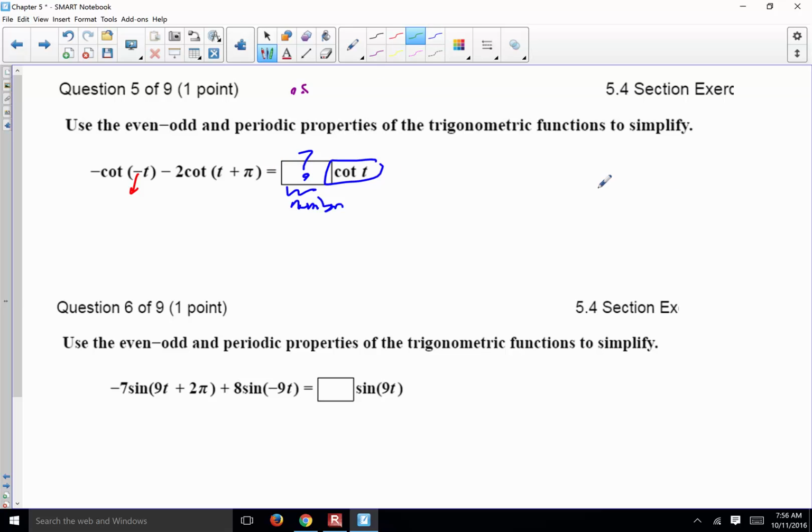Alright, we have one candidate answer. -2 comes here.